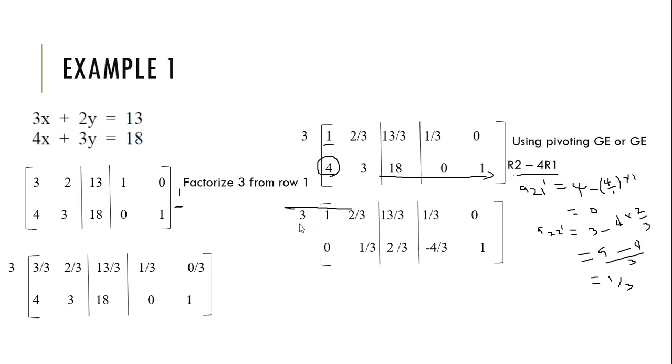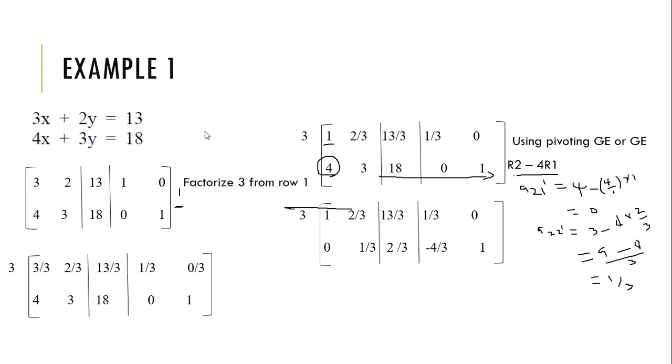So we have 0, 1 over 3, 2 over 3, negative 1, 4 over 3, and 1.